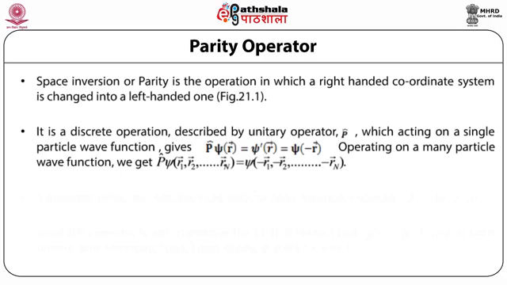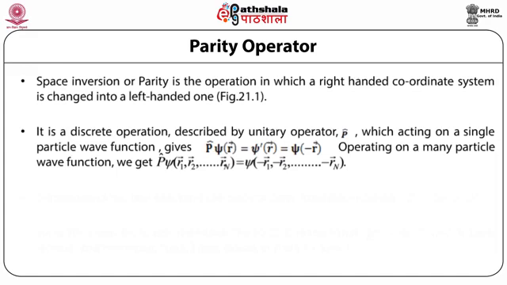And this is a discrete operation which is described by a unitary operator P, which when acting on a single particle wave function gives P acting on psi of position vector r equals psi prime of r, and this is equal to psi of minus r.